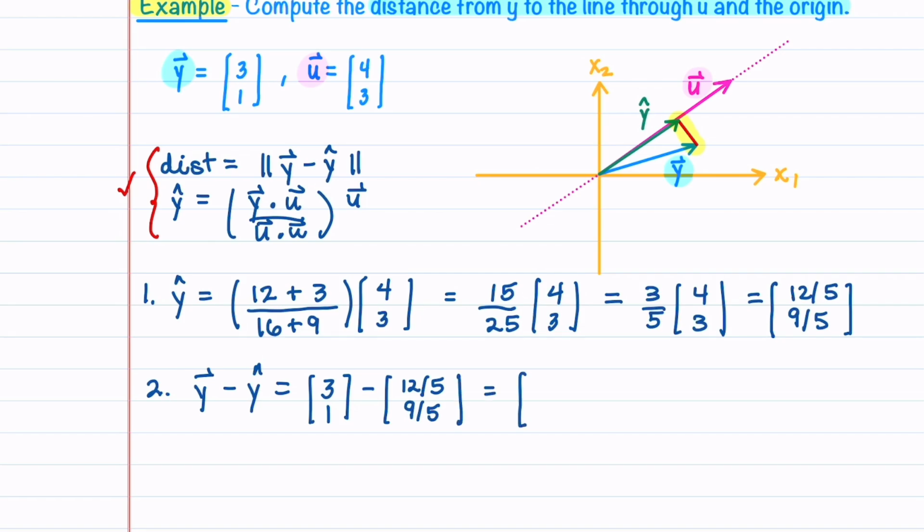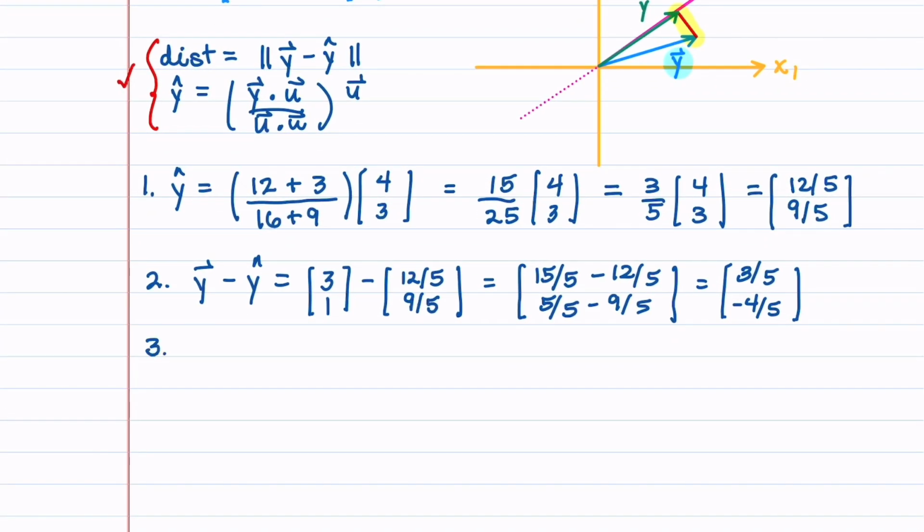Let's write 3 as 15/5, and we're going to subtract 12/5. And then 1, let's write as 5/5, and we're going to subtract 9/5. Our first component is then 3/5, and our last component is minus 4/5. One more step to go.